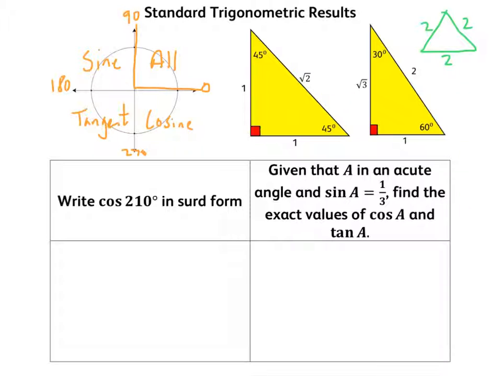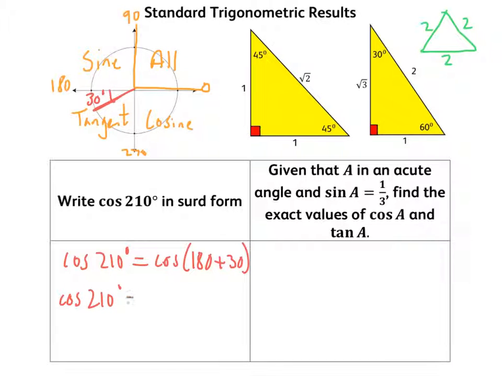So I'm going to write cos 210 as 180 plus 30. Now 210 is down here, and that angle there is 30. That means that cos 210 is the same as minus cos 30.